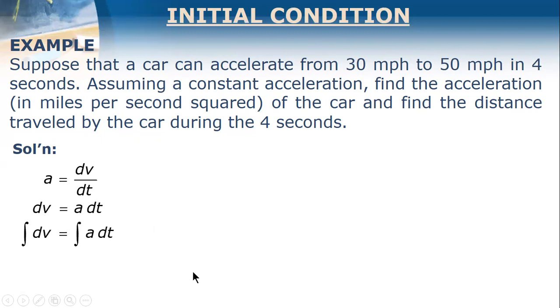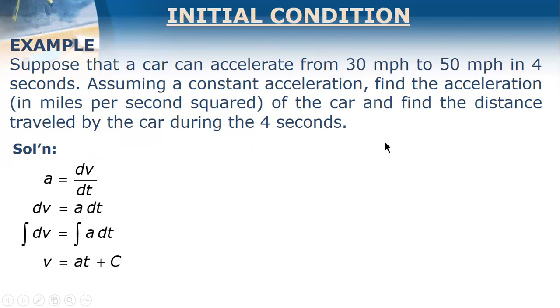So, integrate the constant dt using the constant rule, v is equal to at plus C. So, we have two unknowns, a and C. But we have two initial conditions. If we have a number of unknowns, we must have the same number of initial conditions so that we can solve for the unknowns.